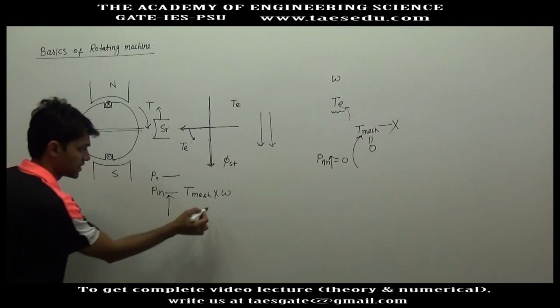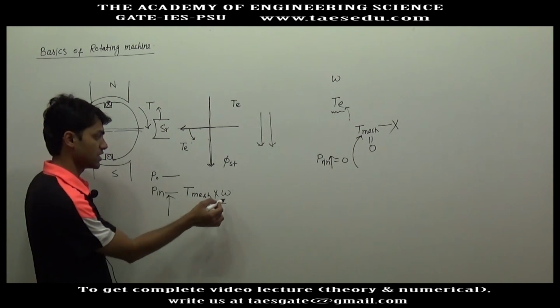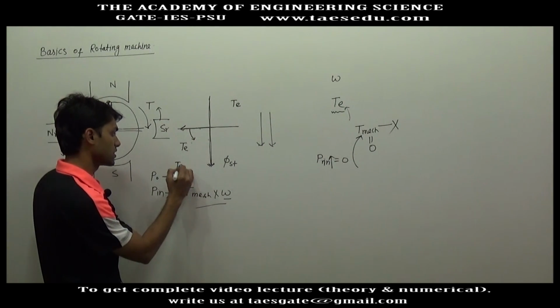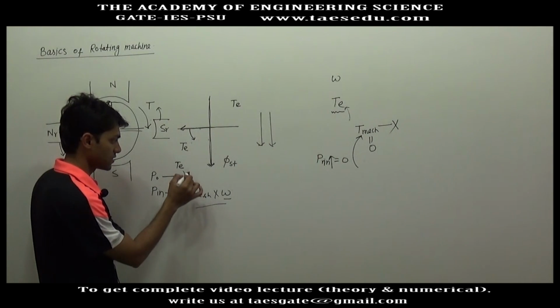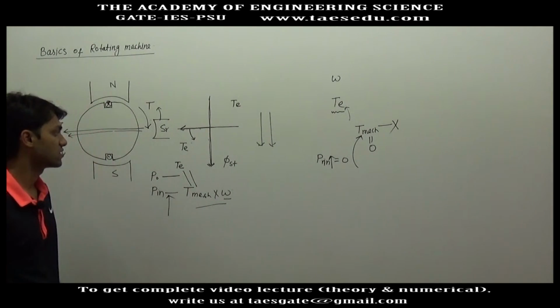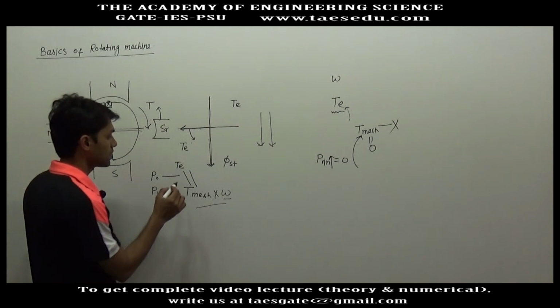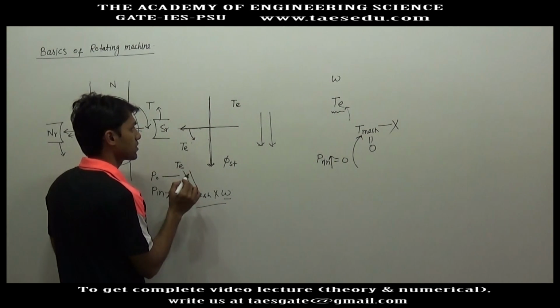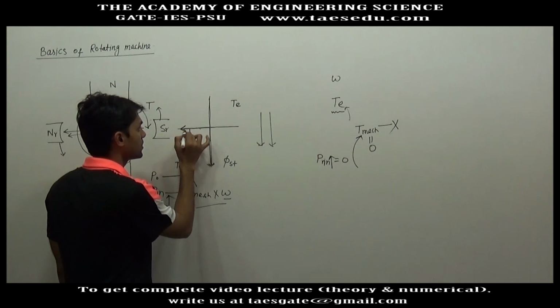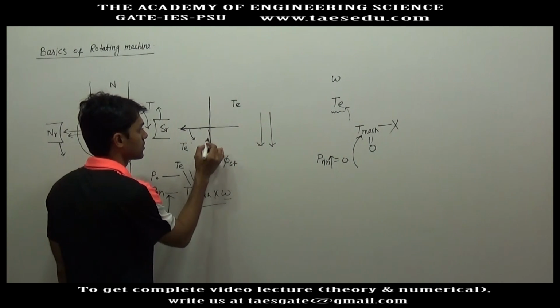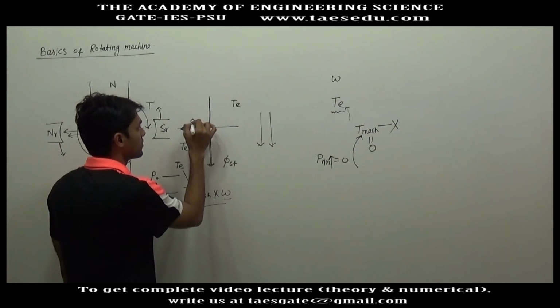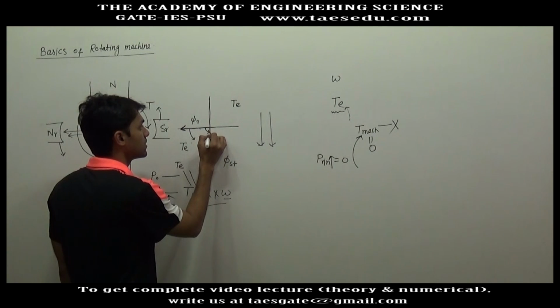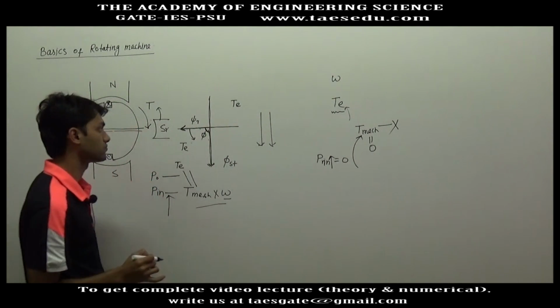So this is the case of a steady state. In a steady state, speed is constant, electrical torque is constant, and the same value of mechanical torque is constant. So if you want constant electrical torque, the angle between the direction of the stator magnetic field and the rotor magnetic field must be fixed.